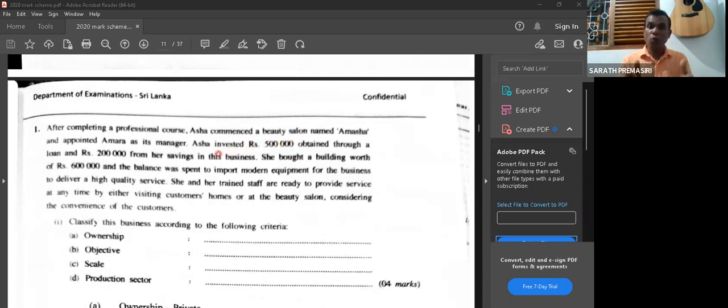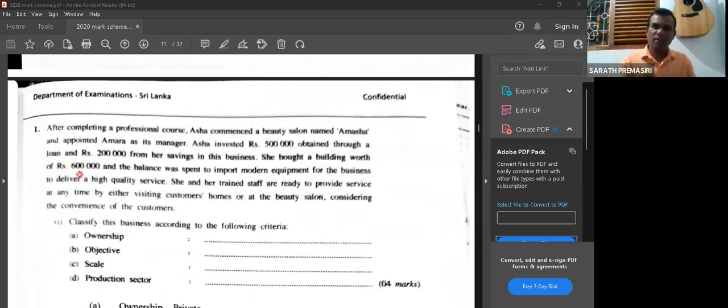She is not strong enough with regard to finance. What are the other things that you can find out? And she may have faced working capital problems because she has invested 500,000 obtained as a loan and 2,000 from her savings account. She bought a building worth 600,000.